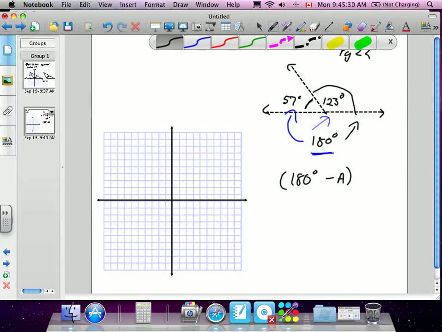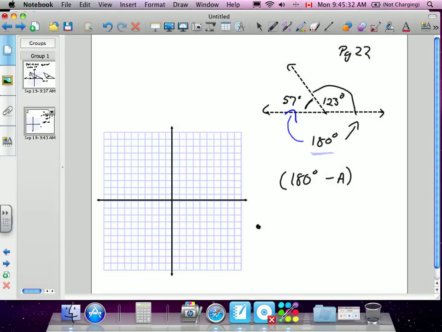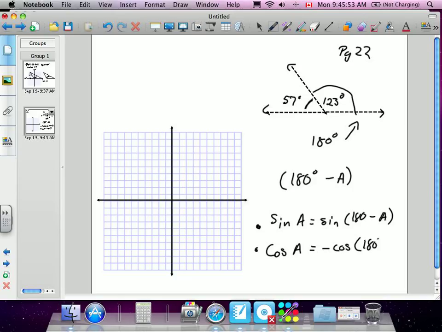So, the three properties: sine of the acute angle is equal to sine of 180 degrees subtract that same angle. Cosine of the acute angle is negative cos of 180 degrees subtract A, and tangent of the acute angle is negative tangent of 180 subtract A.